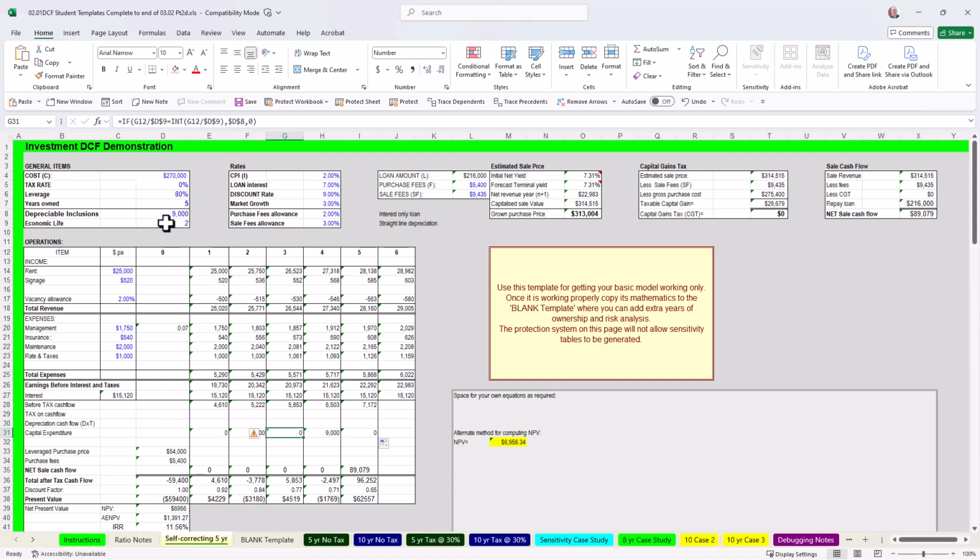Let's look at what happens as the economic life changes. I will look at 3 as the year, and you see it's coming in on the 3rd year. Put it in at 5. Okay, we're used to that from the other things we've been doing.